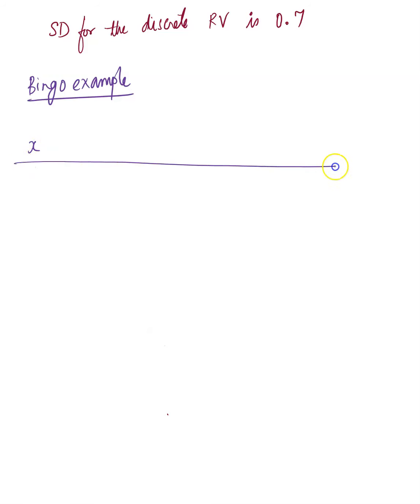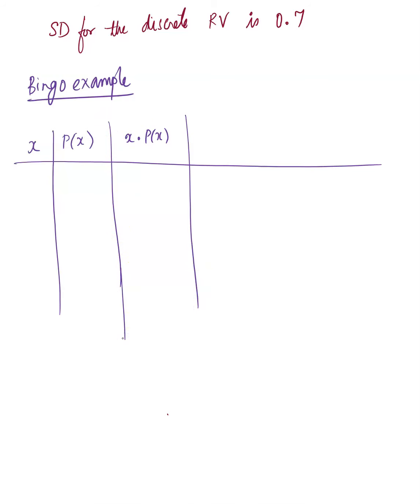So we need to have a lot of columns: x, P of x, x times P of x, x minus mu the whole squared, and x minus mu the whole squared times the P of x column.